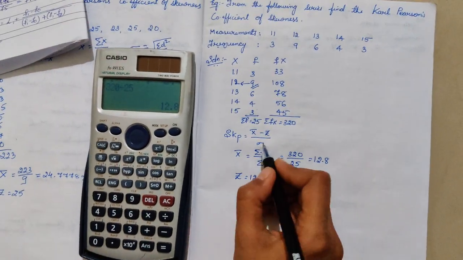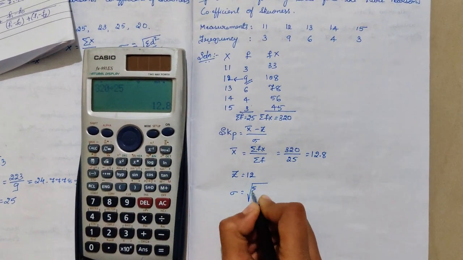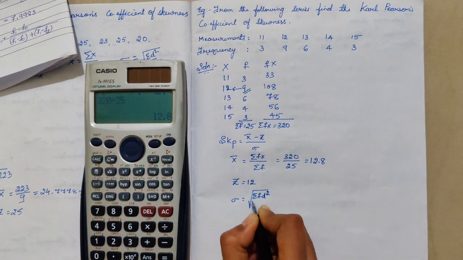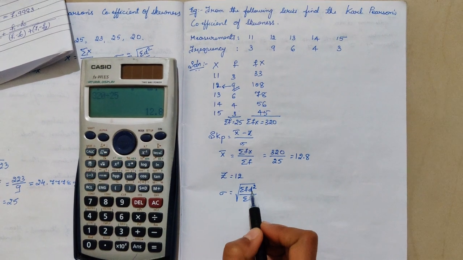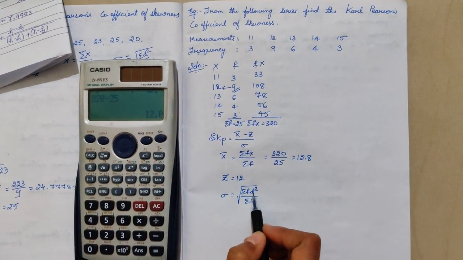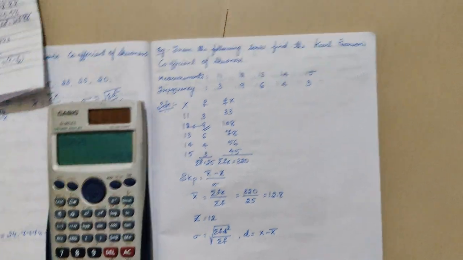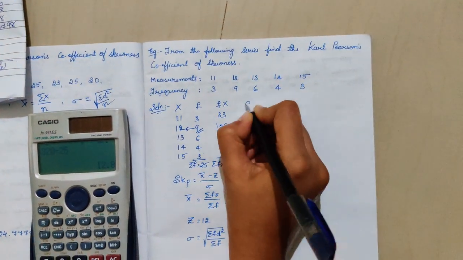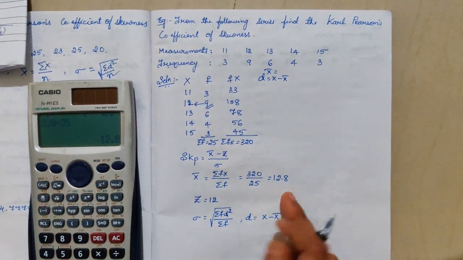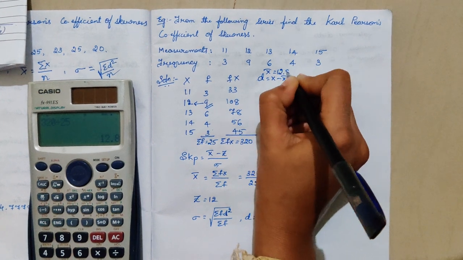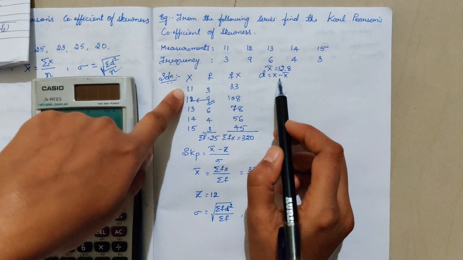Now we have to find sigma. To find the sigma value, the formula is the root of summation f into d square divided by summation f. First we have to find the d value. To find the d value, the formula is x minus x bar, where the x bar value is 12.8. For all the elements of x, we have to find the d value.